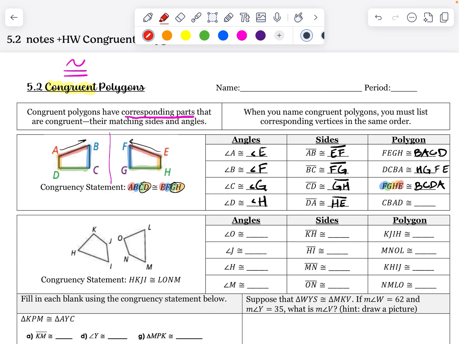Highlighter. So let's see, C is green, and then B was blue, A is red, and D was orange. So that means I gotta go in the same order, same color, G, F, E, H. Those colors will really, really help you as you try to figure out all these lists.